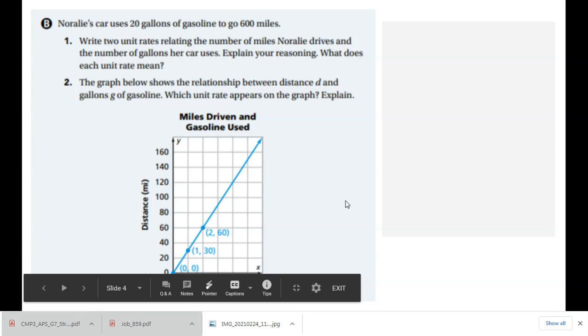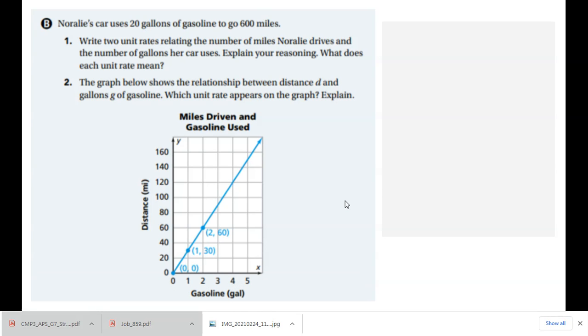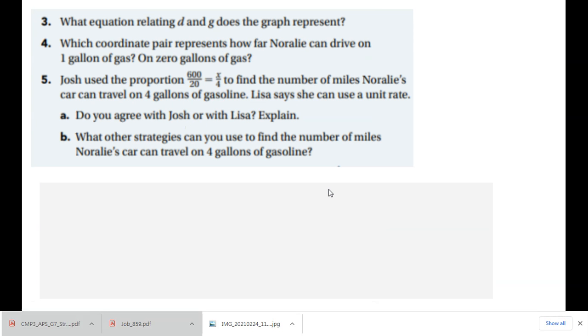This graph shows the relationship between the distance and the gallons of gasoline. Which unit rate appears on the graph? Oh yeah, there's only one. So you'll be fine with that one. For 3, what equation relating D and G does the graph represent?